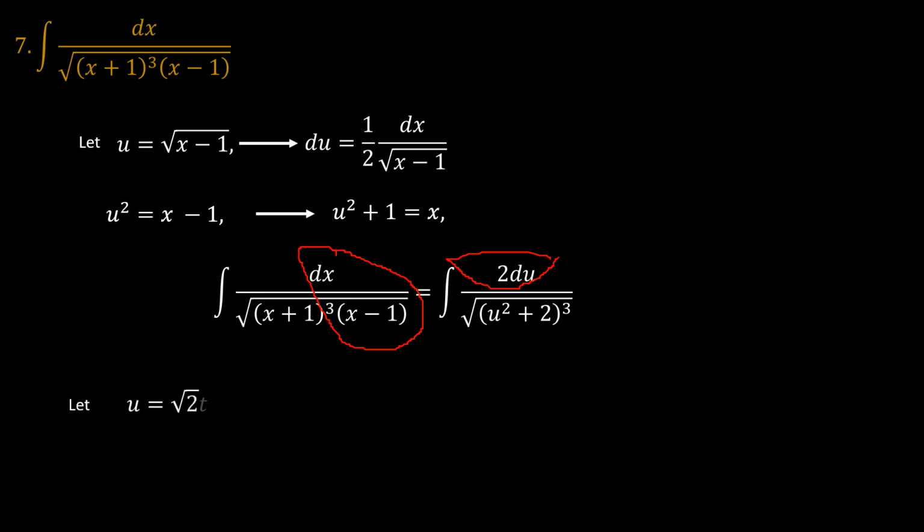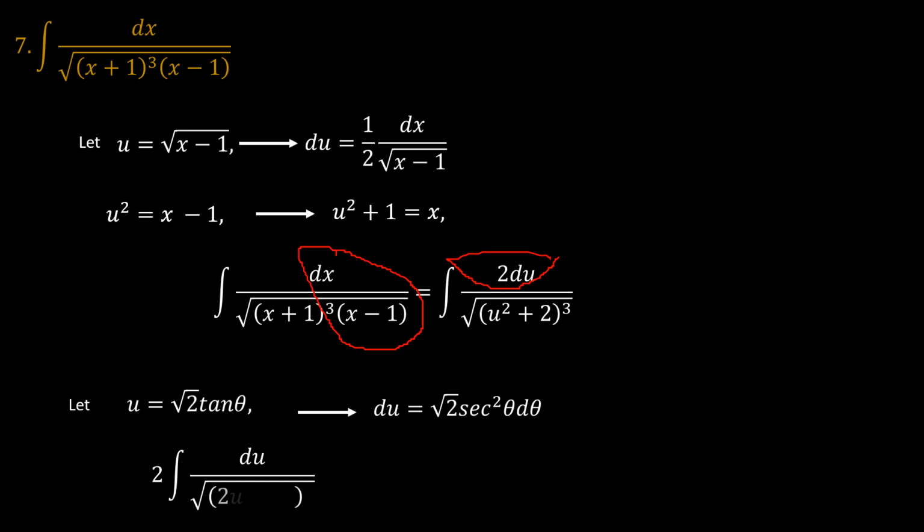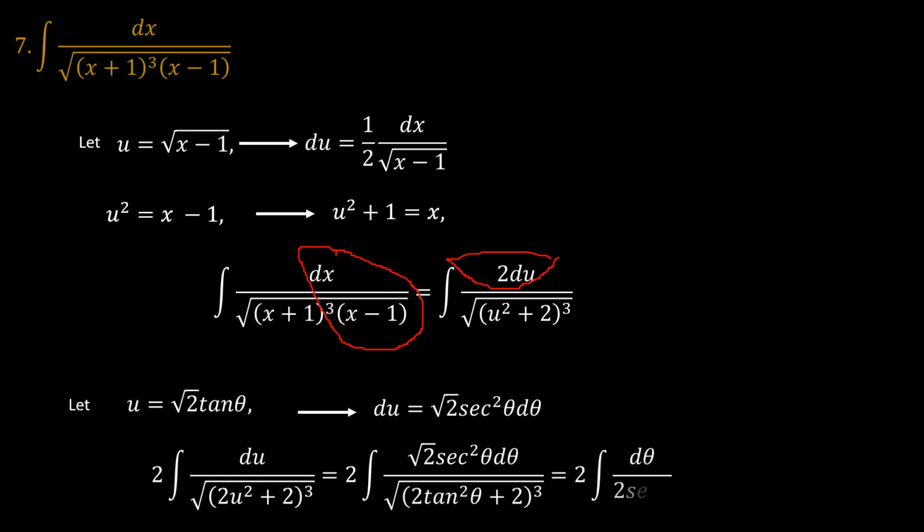And so we can use a substitution of let u equal square root of 2 tan theta, which is the same as du equals square root of 2 sec squared theta d theta.